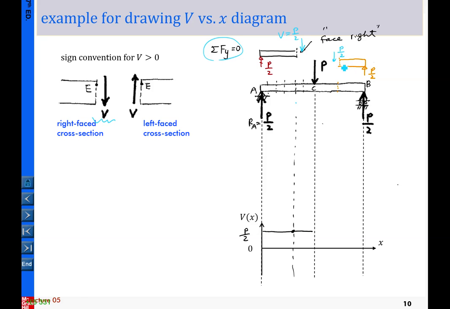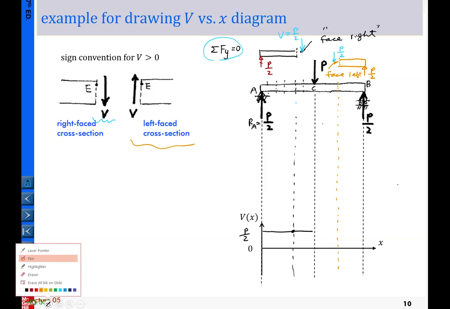For this case, this is the face left section. For face left, the positive is upward, and now based upon what we calculated, by inserting the sign convention definition we can see the value should be negative. Okay, so the value, let me put it into color here. So that should be negative.